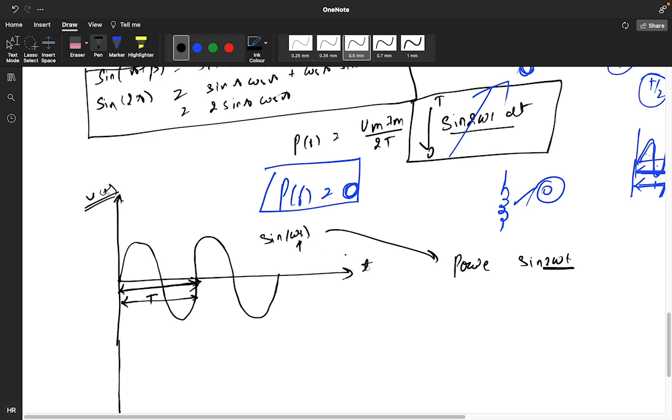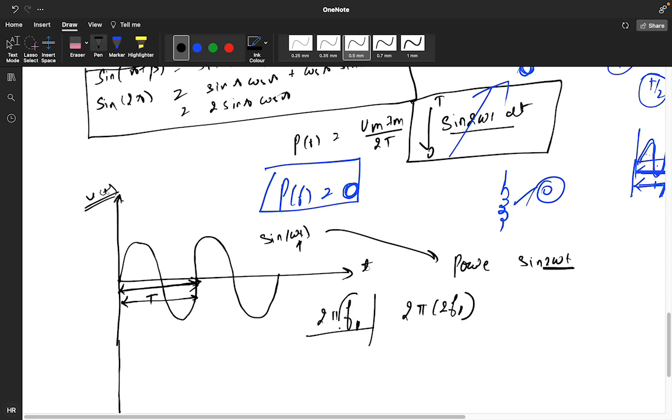Here the frequency is 2 pi f1. Now what is happening, you are getting 2 pi into 2f1.